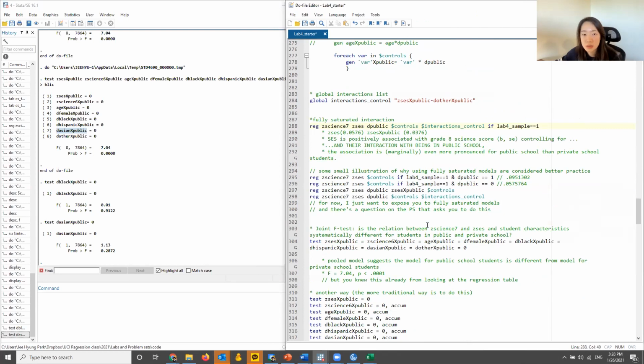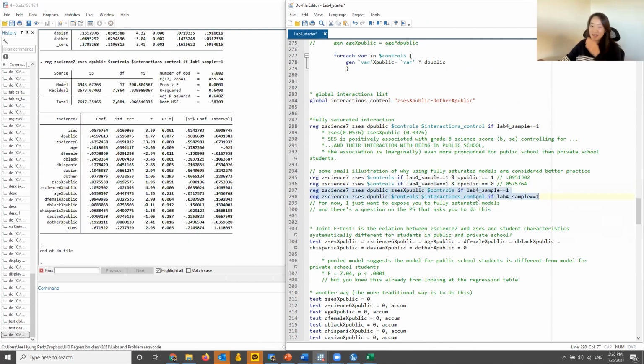In lines 297 and 298, why don't you put the if lab4 sample equal 1? Because I'm stupid and I forgot. Oh, okay. I don't know how I got the same numbers, but the point stands. Yes, you're right.